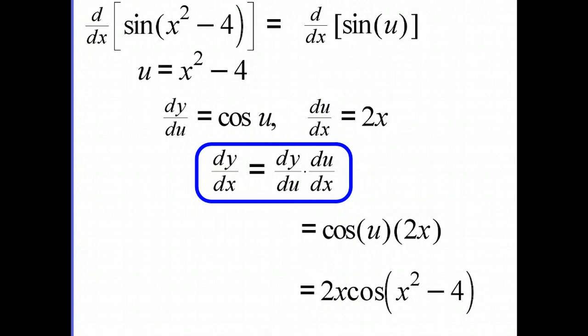Okay, another way to look at this visually, now all of this is perfectly sound and it's following the chain rule formula. Another way to look at this is the inside-outside function. We have an inside function of x squared minus 4 and we have an outside function of sine.